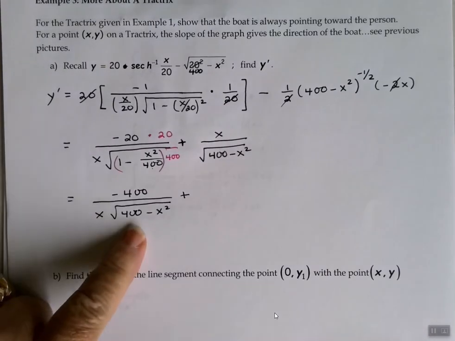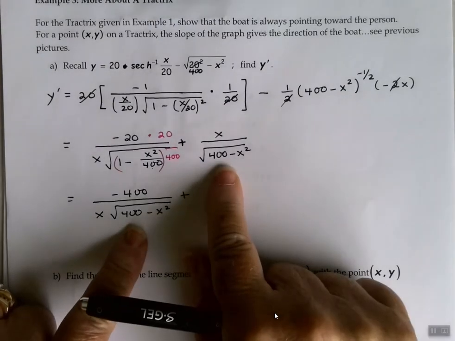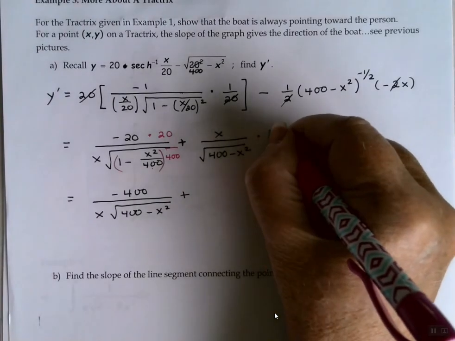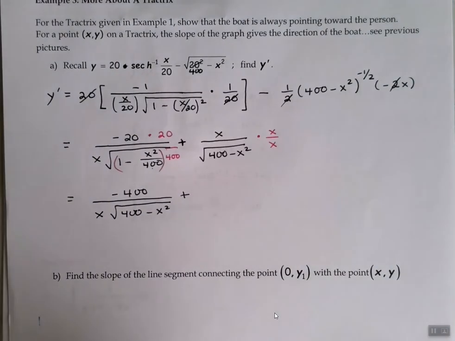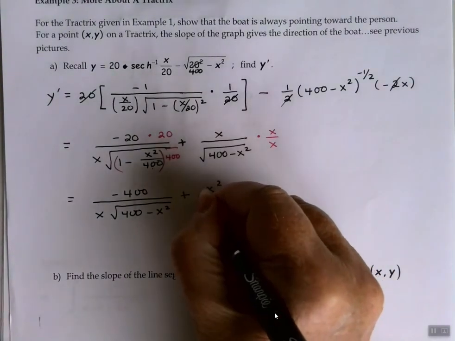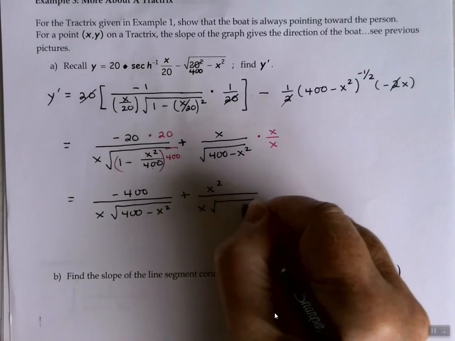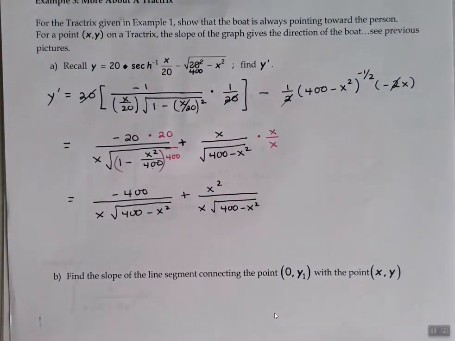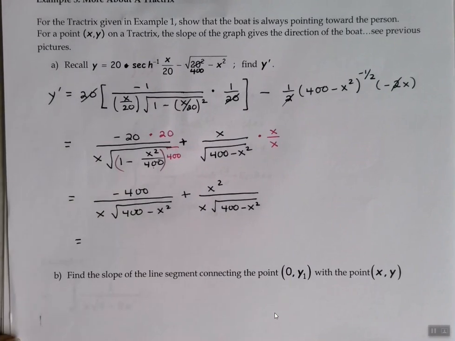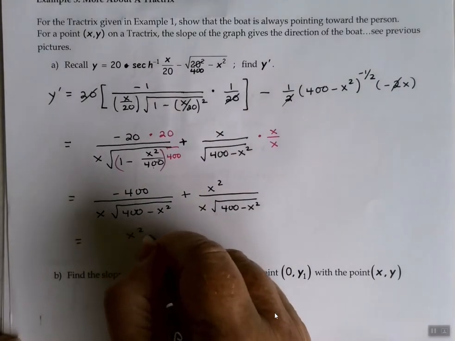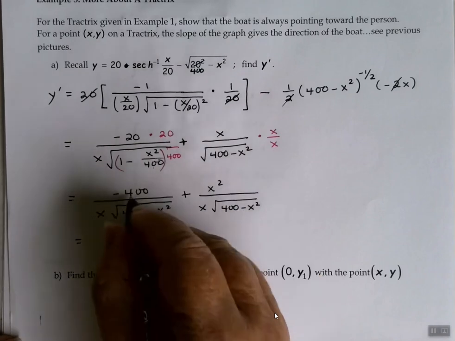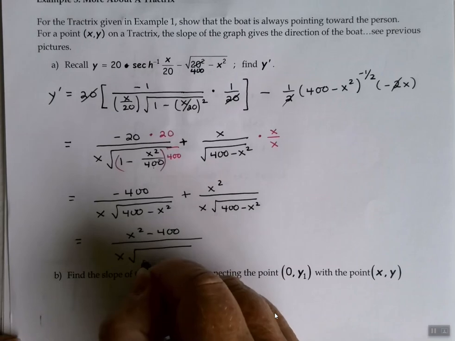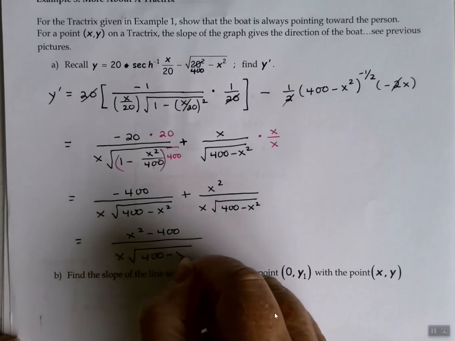Now looking at that, I almost have a common denominator in that second term. All I need is the x out here. So let's multiply this guy by x over x. Okay, so I now have x squared minus 400 over x times the square root of 400 minus x squared.